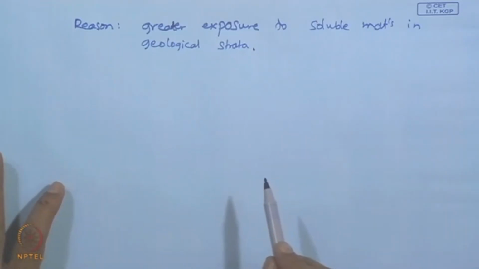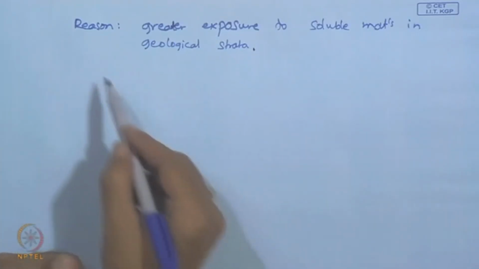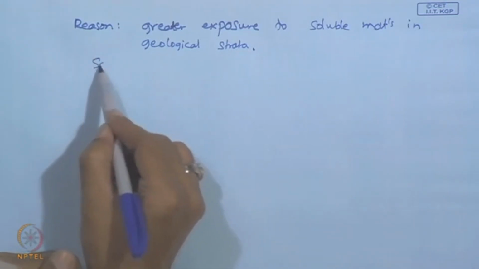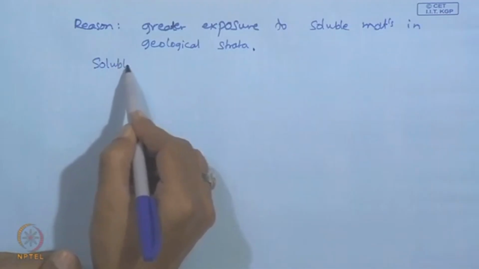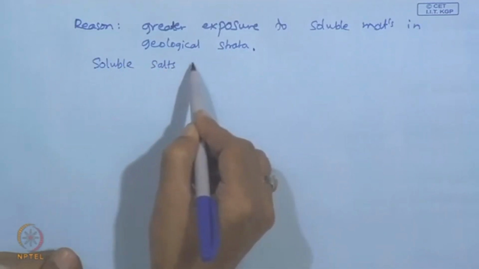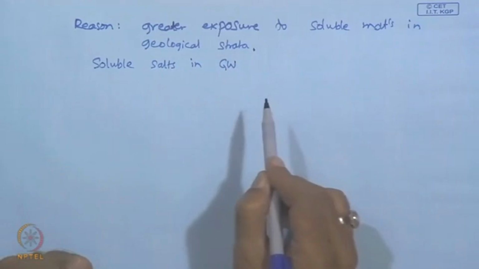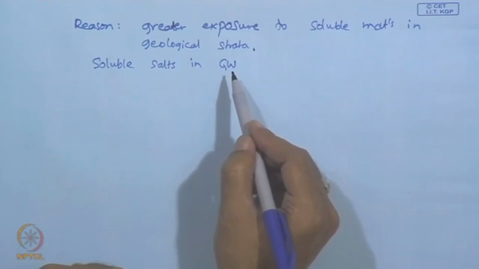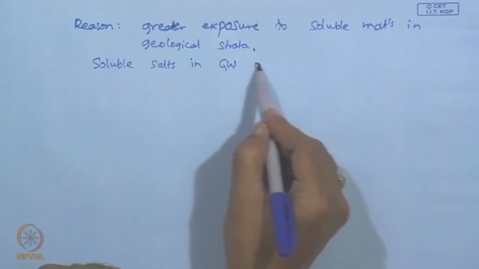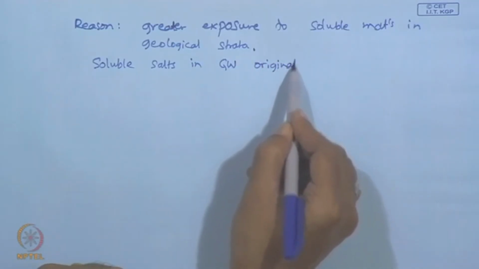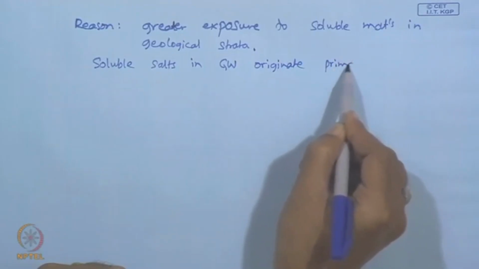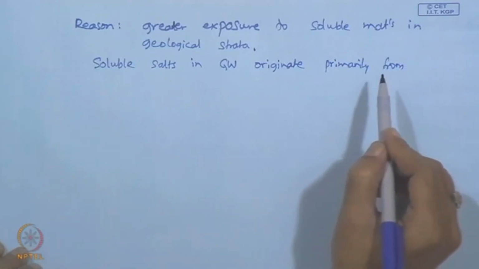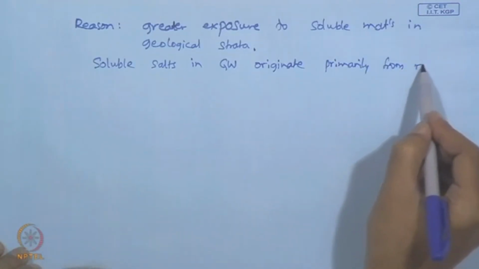And here, the soluble salts in groundwater originate primarily from rock material solutions.